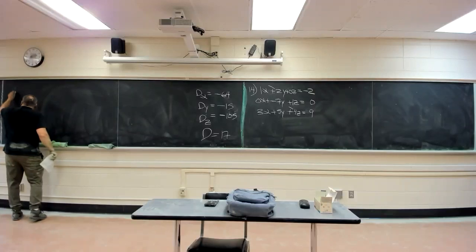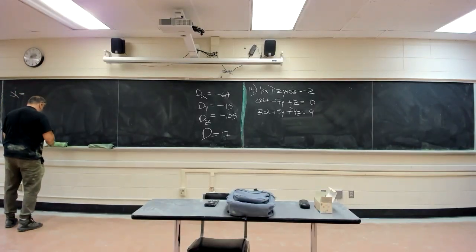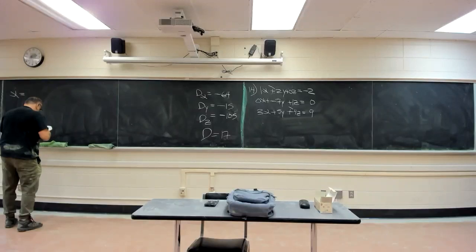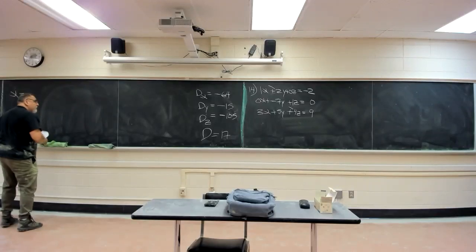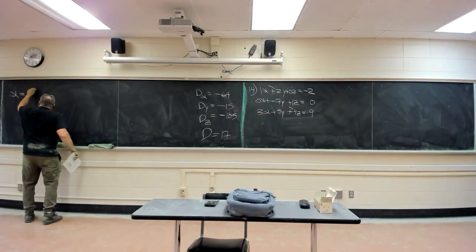So x. And they got to round it, like I said, if they need to do it. Round to hundredths when necessary. Let's see what we got. We got negative 64 over 17.